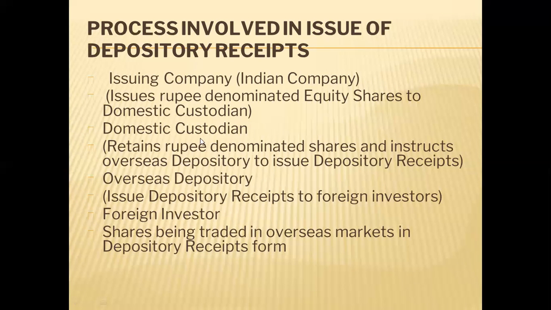That custodian will inform the domestic depository. Here, we used the term overseas earlier, but for IDR it will be a domestic depository, because that depository will be situated in India. That depository will issue the IDR to Indian investors. So there will be a reverse procedure. This will be backed by shares, as we know depositories always have the backing of equity shares with the custodian in their country.